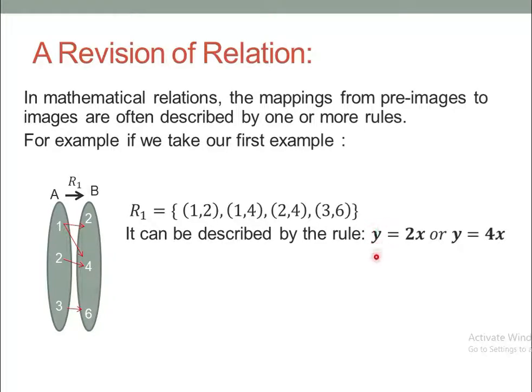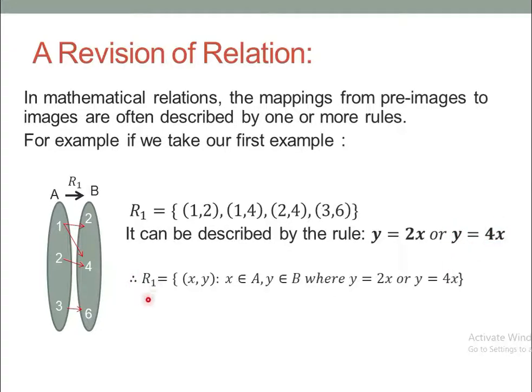y is representing the second elements and x is representing the first elements. Then every second element is 2 times the first element, or every second element is 4 times the first element.